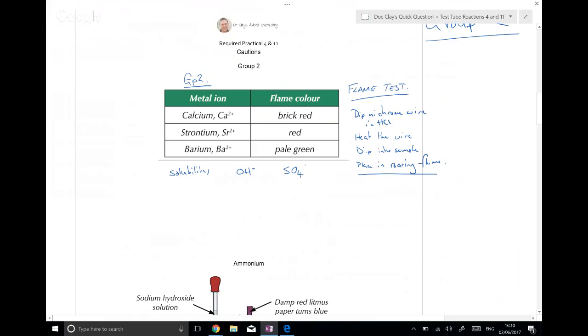If I was to draw a table, we've got, let's make sure we get this correct, magnesium, calcium, strontium, and barium. These are our group 2s, and I'll just check our question here.